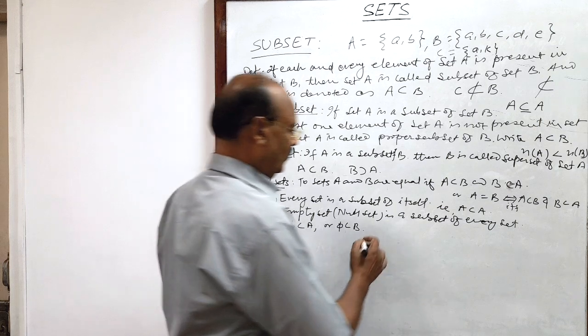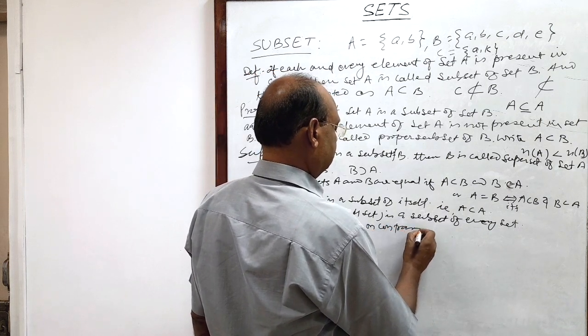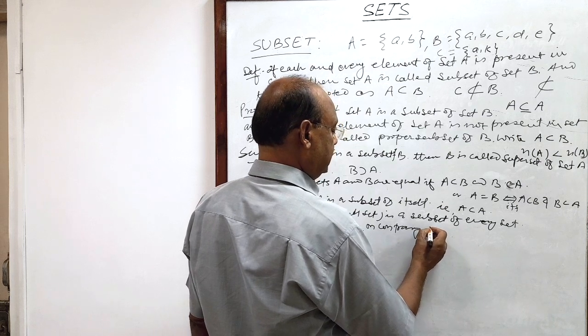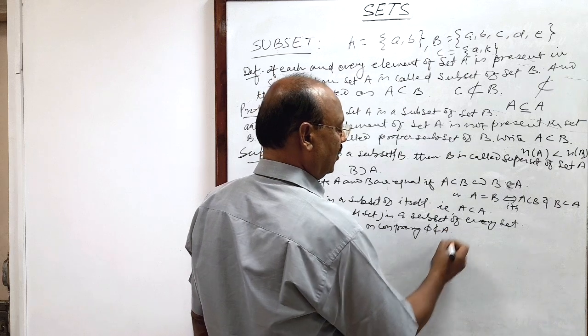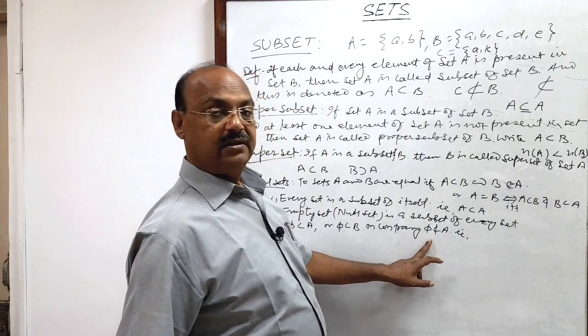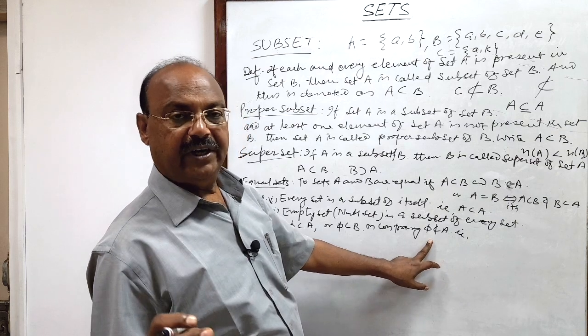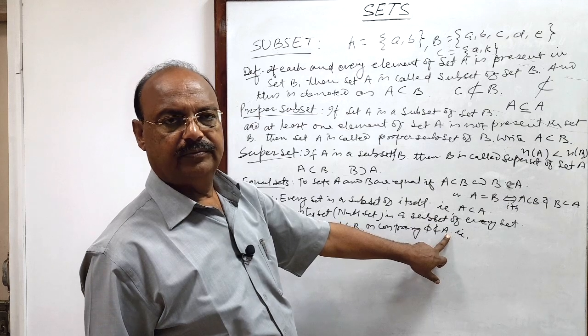You see, on the contrary, let us write phi is not a subset of any set A. What does it mean? It means that this null set is having an element which is not available in set A, then only it is not a subset.